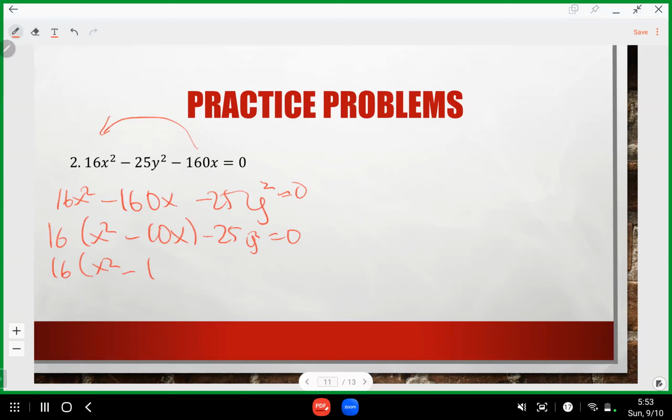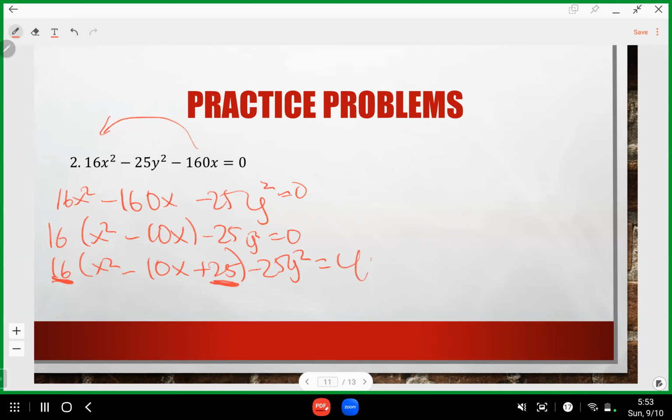So that'd be 16 times (x minus 5) squared minus 25 y squared equals 25. Are you sure? You have to add 16 times 25 because actually it's inside the parentheses.